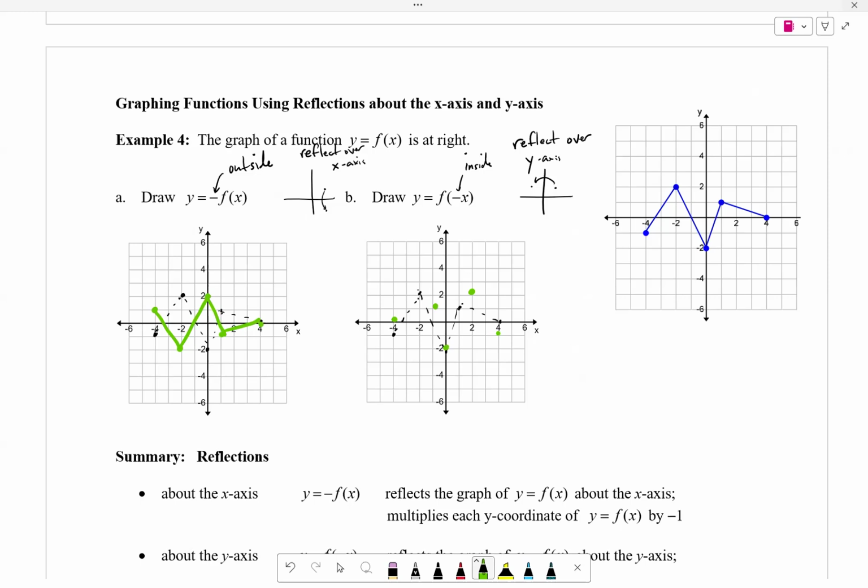Check with your neighbor to make sure everything's making sense. There we go. Functions have been reflected.